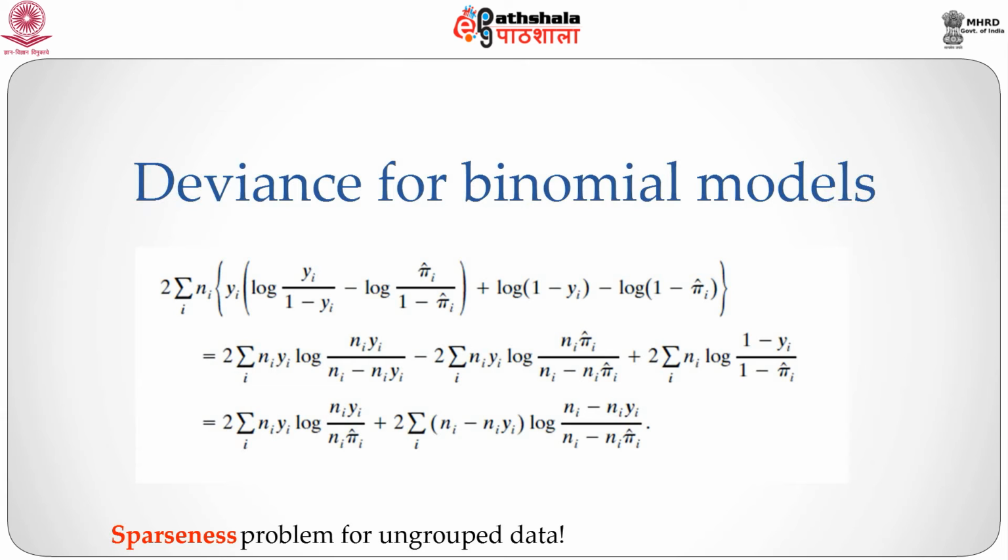The fit thus turns out not only to depend on my fitted model but on the true underlying parameter. So this is not desirable, and it leads to a problem with using the deviance for the case of ungrouped data. This problem has been referred to in the literature as the problem of sparseness.